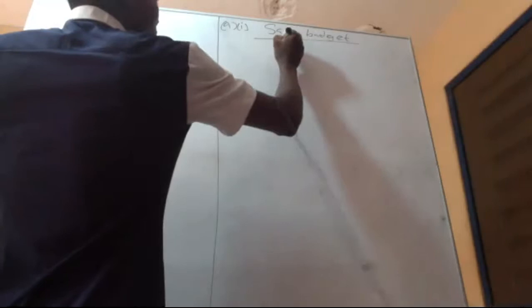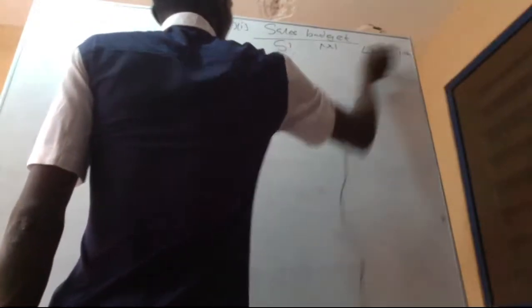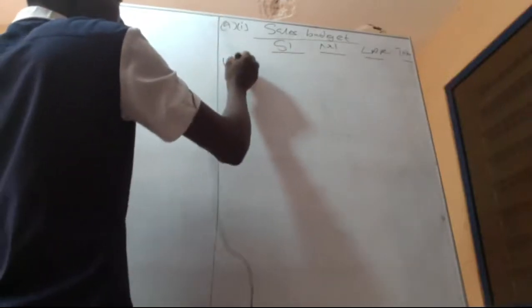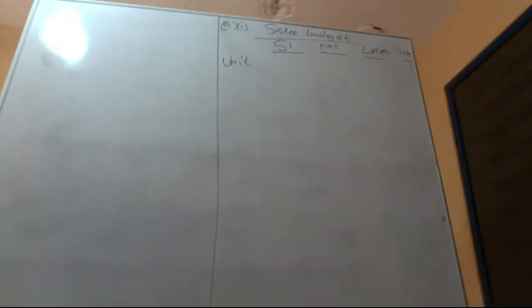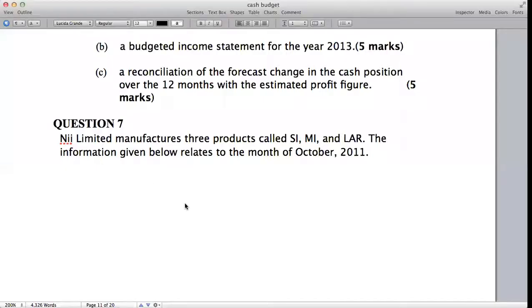Let's bring the products here: SI, MI, similar, right? Then provide some total here. Now let me put unit here. So what's the unit? You can be typing it for me. Unit for SI. Is it 1,200? I'm going to refer to check if it's 1,200.